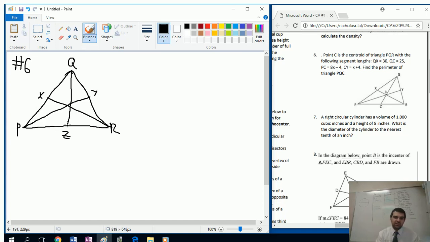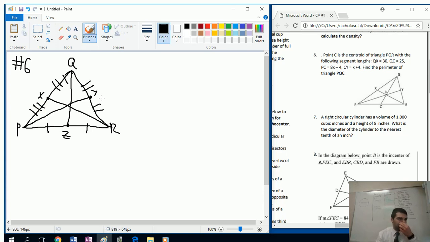Because the centroid is the intersection of the medians of the triangle, if X, Y, and Z are the midpoints, that means PZ and ZR are going to be equivalent. That means these are the same length. QY and YR are equivalent, and XQ and XP are equivalent. So this and this are equivalent, this and this are equivalent, this and this are equivalent.